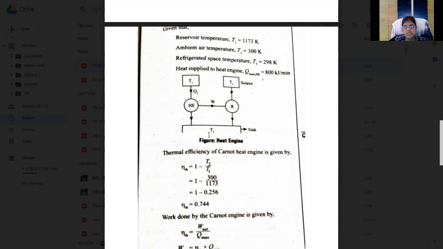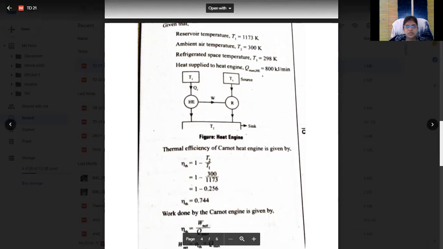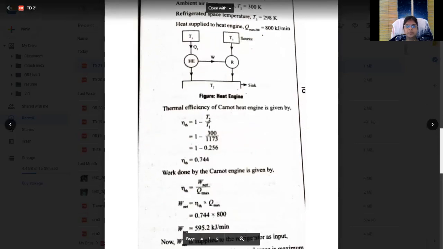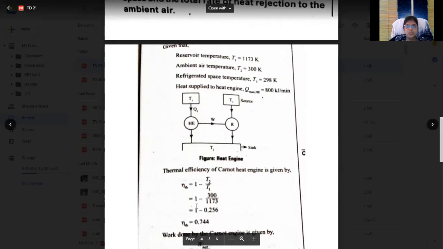So T1 minus T3 by T1, and just put all the values here. There is a slight mistake. It is 1 minus T2 by T1.